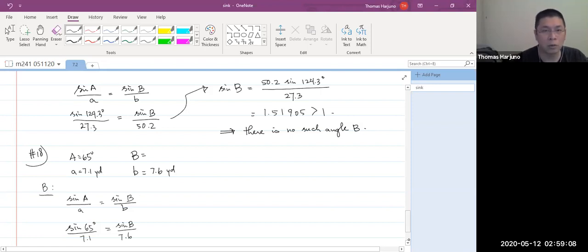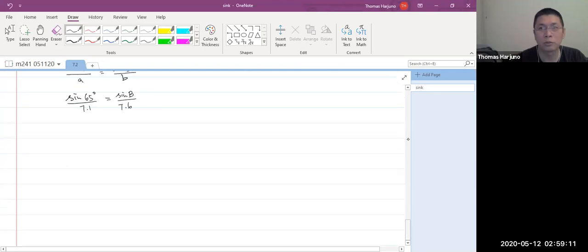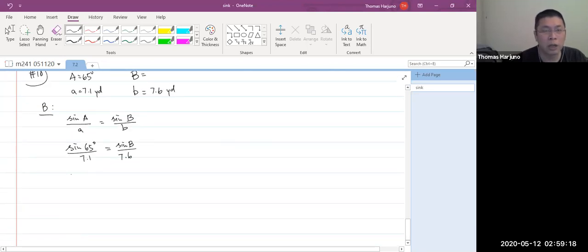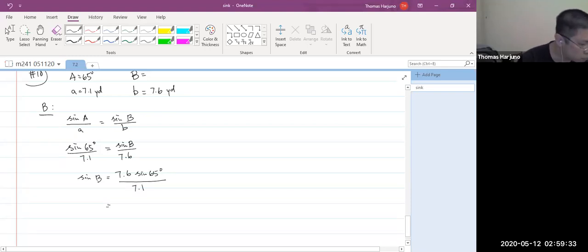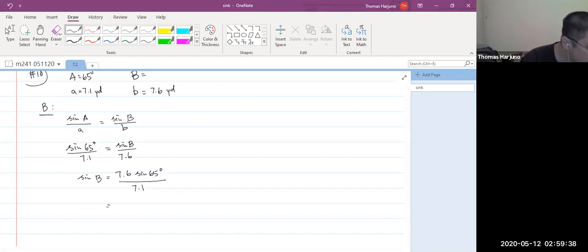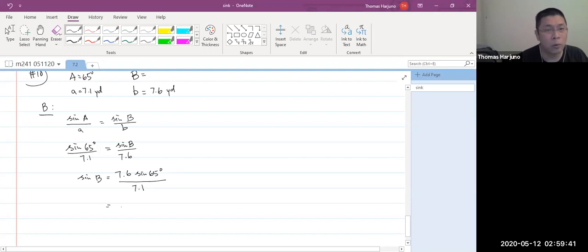And then so sine B will be 7.6 sine 65 degrees over 7.1. That is what? 0.97013.